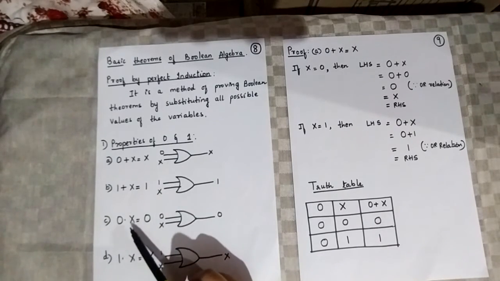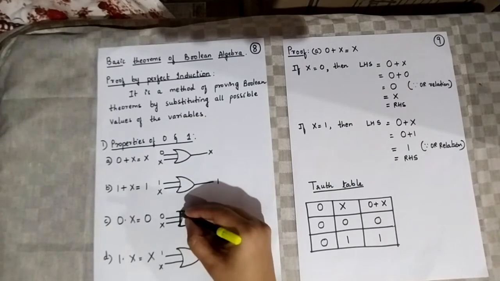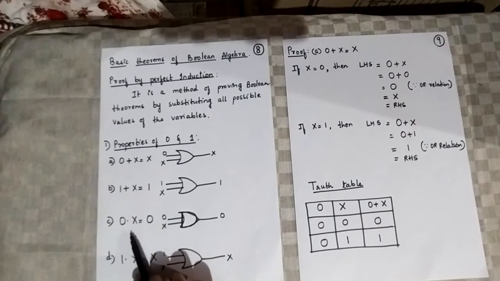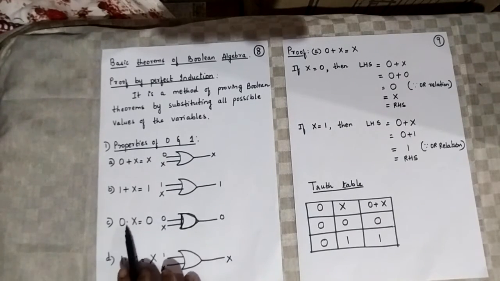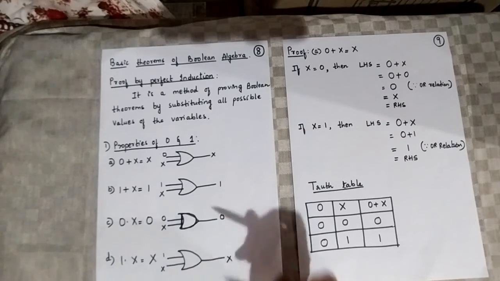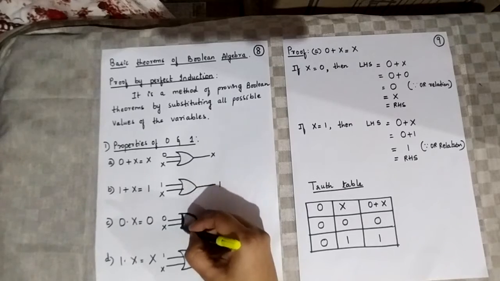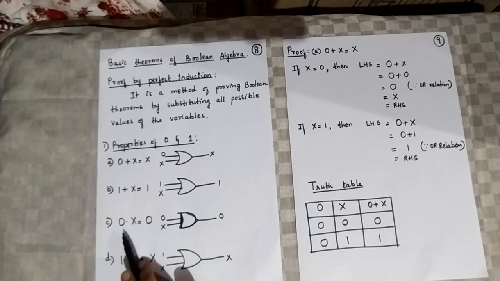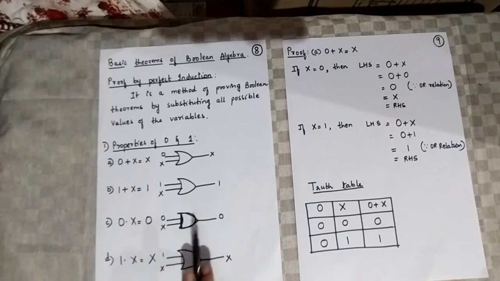Now coming to the next one, it says 0 dot x results in 0. Here I am using the dot operator, that is why we should go for the AND logical symbol. With the AND logical symbol, we are taking as the two inputs 0 and x, and it is going to result in 0.